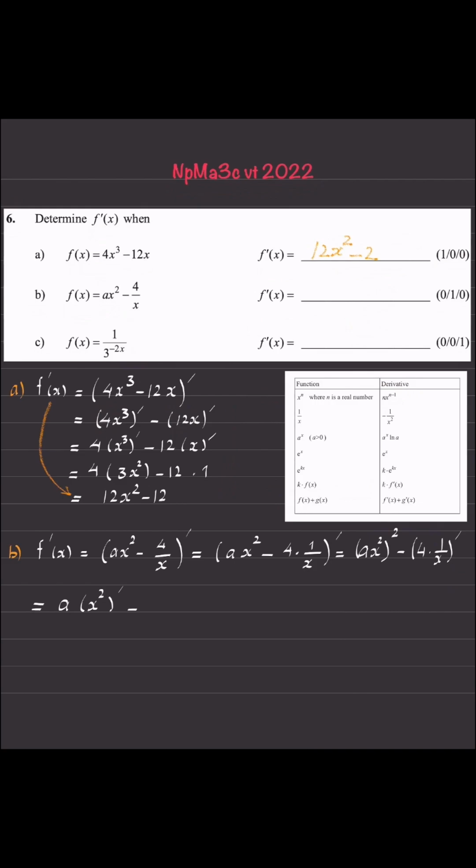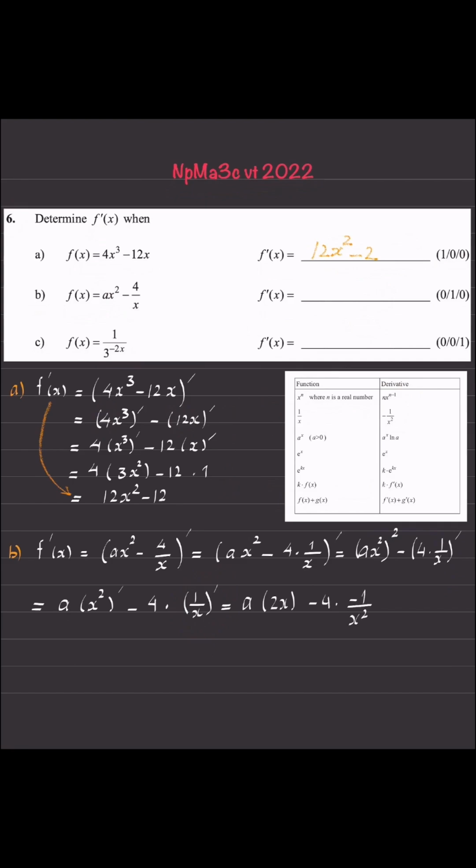Again, the same story, 4 is a constant. I pull it out and I differentiate 1 over x. The derivative of x squared is simply 2x. The derivative of 1 over x, you also have in this row of the table. So it becomes minus 1 over x squared. So it becomes minus 4 times minus 1 over x squared.